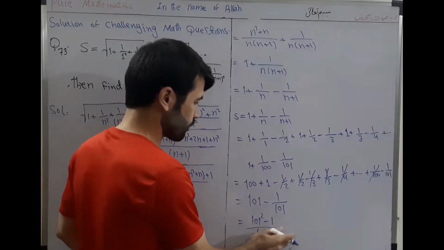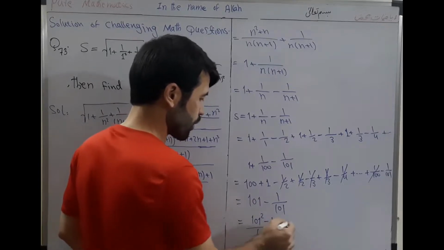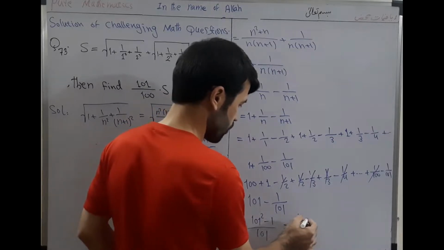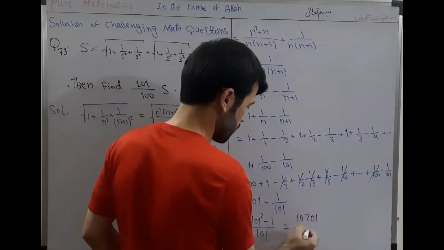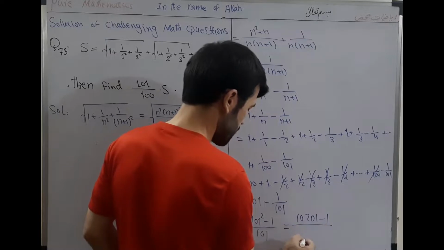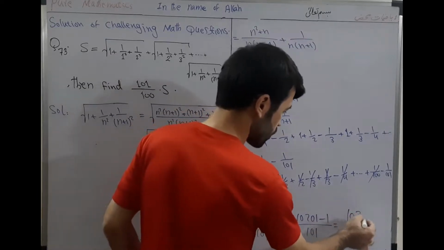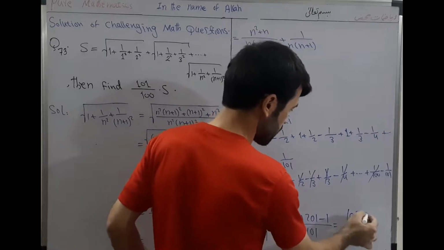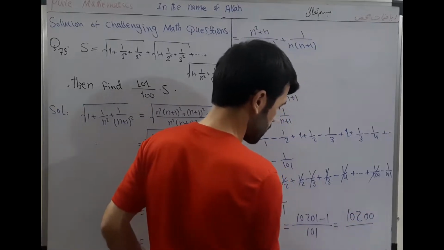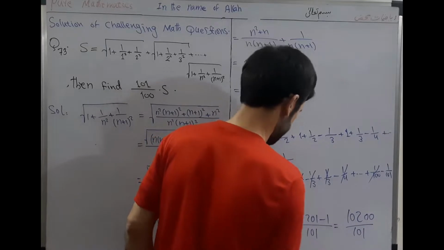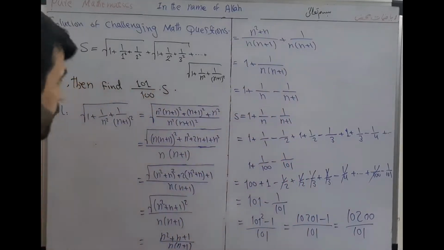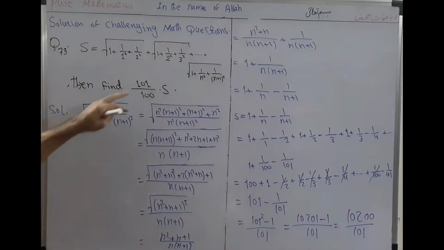It is equal to 10,201 minus 1 over 101. It is equal to 10,200 over 101. Now we want to find the value of this expression.